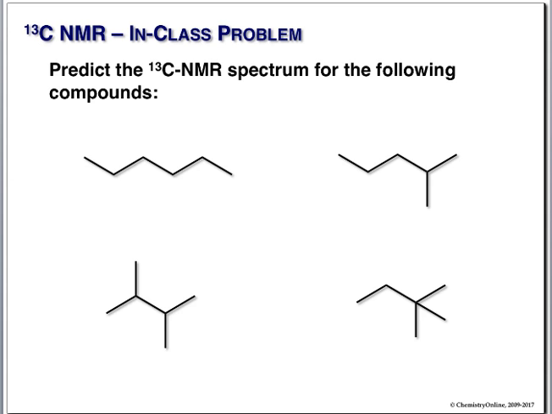Is there a plane of symmetry here? Well, absolutely. We can split this guy right down the middle this way. We have 3 carbons on both sides, and they're identical. So how many peaks do we get in the C13 NMR? We would get 1, 2, 3. That's step 1.